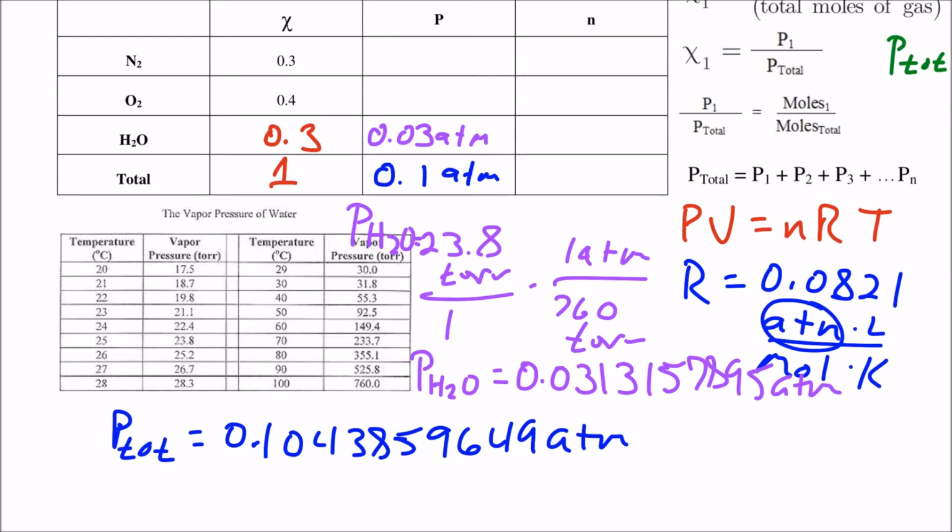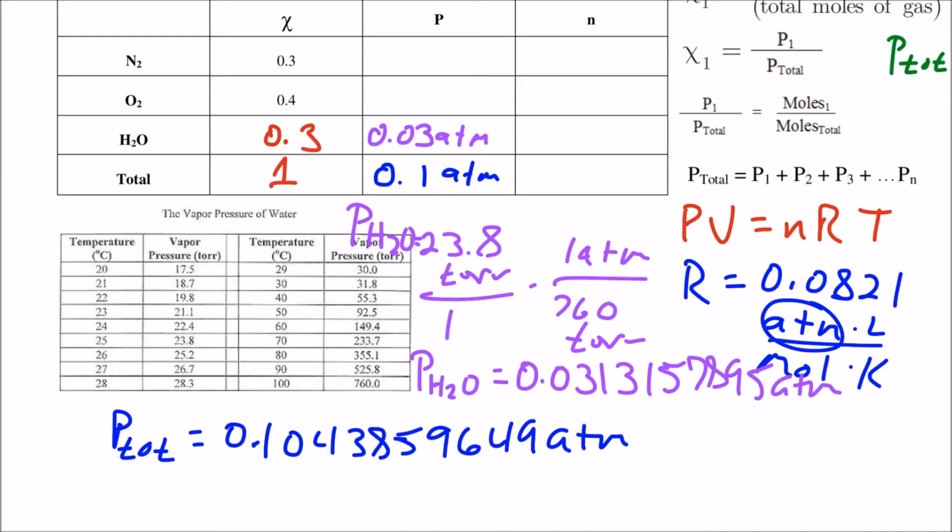And we've actually lucked out here. We have the same mole fraction for water as we do for nitrogen, and we know that the mole fraction is equal to the individual pressure over the total pressure, right? So if we're solving for the individual pressure of a gas, you would take the mole fraction times the total pressure.